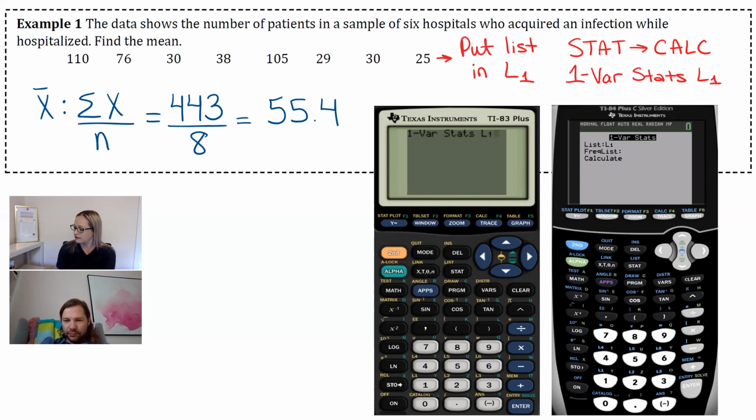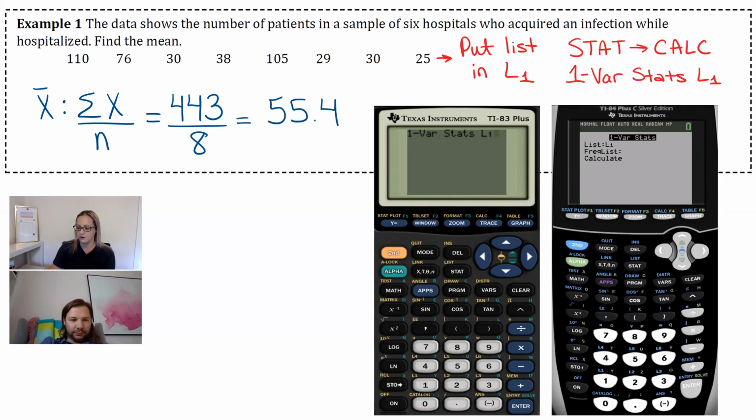So click stat, enter, and then go ahead and put these 8 values into L1. And then once you have that, you're going to click stat and then arrow over to calc. That stands for calculate. And then we want the one that's right on top.